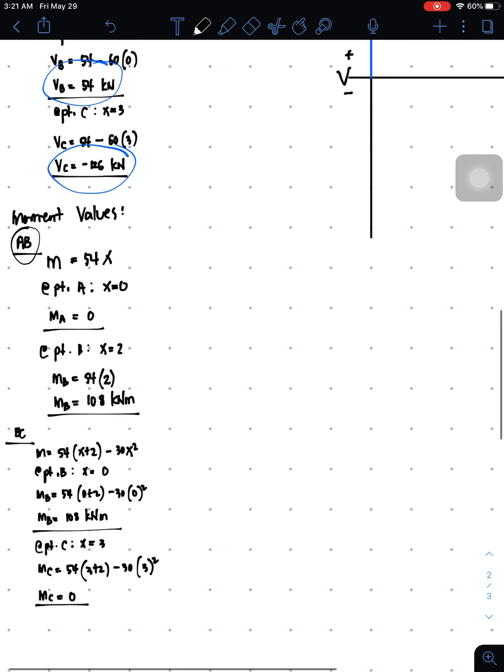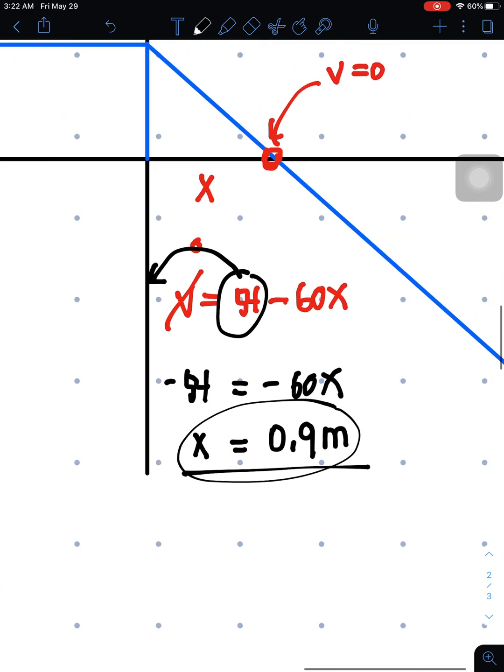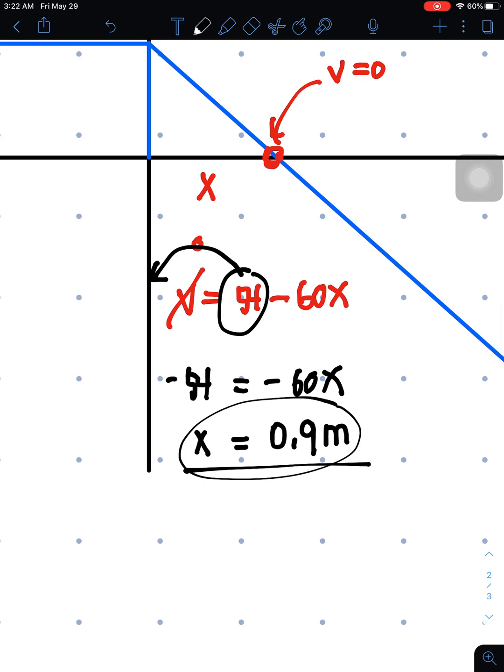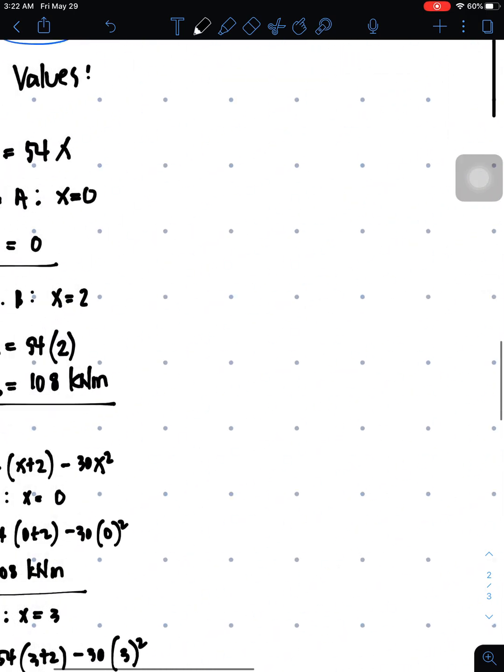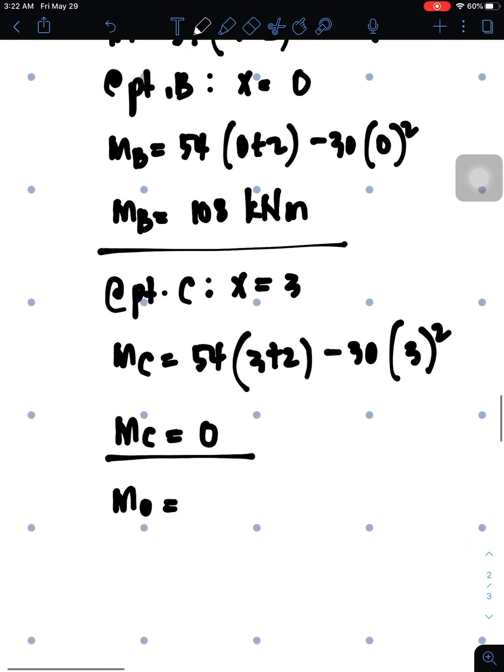But wait, napamoy nakalimtan. Remember this one? It belongs to segment BC. That it says that there is a value x equal to 0.9. So at moment x, or let's call this one as moment O. Okay, point of inflection man tawag na to ana. At point O, x is 0.9.